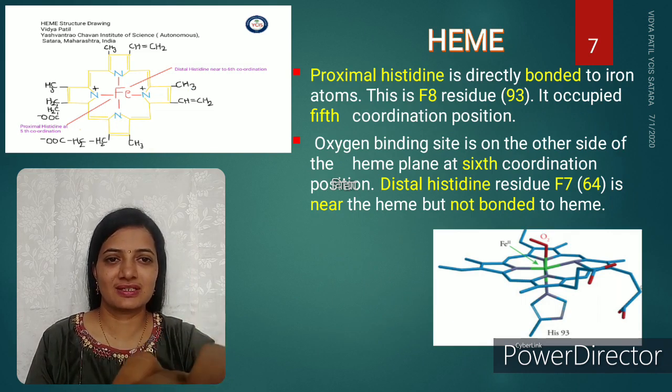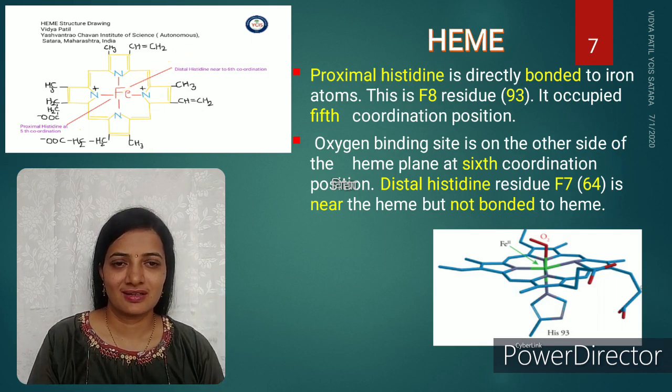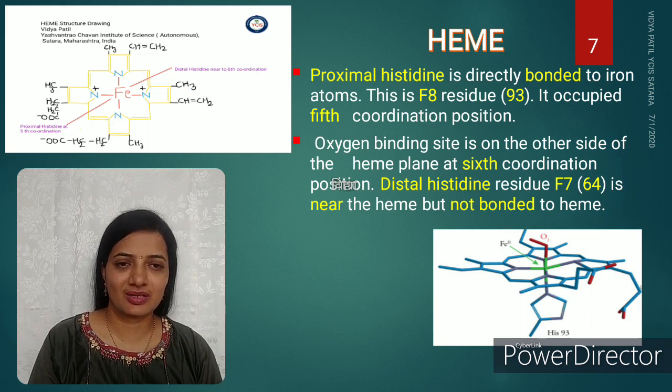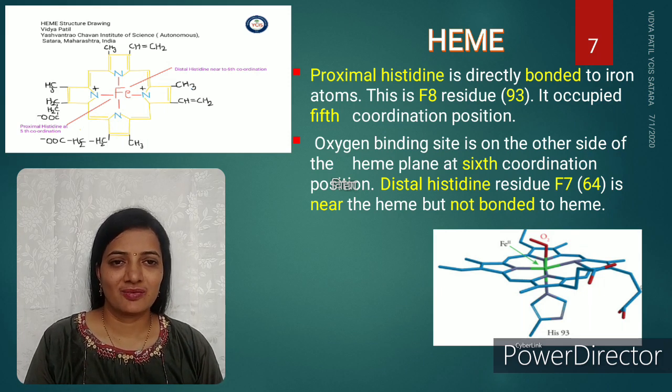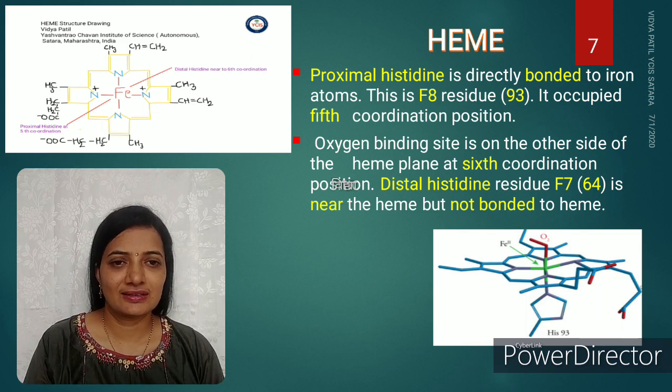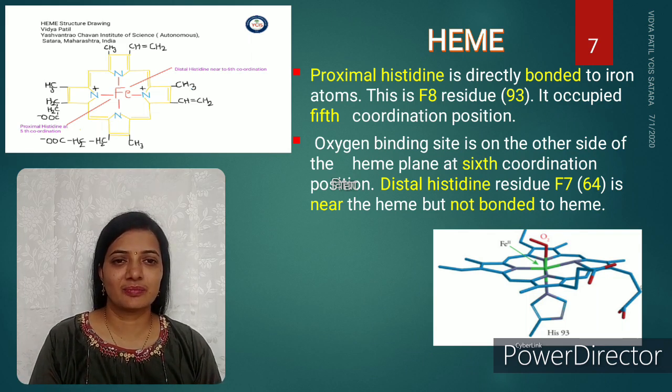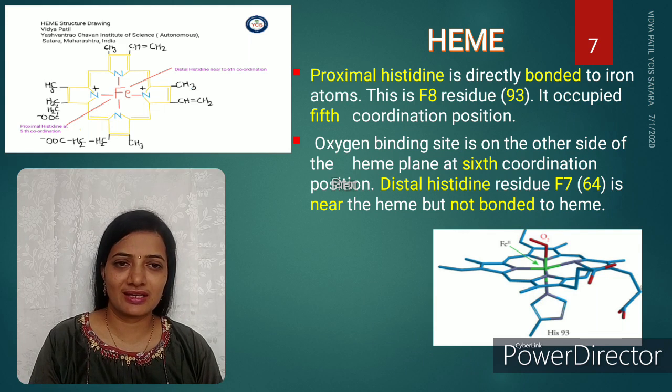At this position, see just here, 4 nitrogen atoms are attached to the heme, while there is a 5th and 6th coordination position. At the 5th coordination, proximal histidine is bound, while at the 6th coordination the distal histidine is present. It is not directly bonded. This coordination is near to the distal histidine.